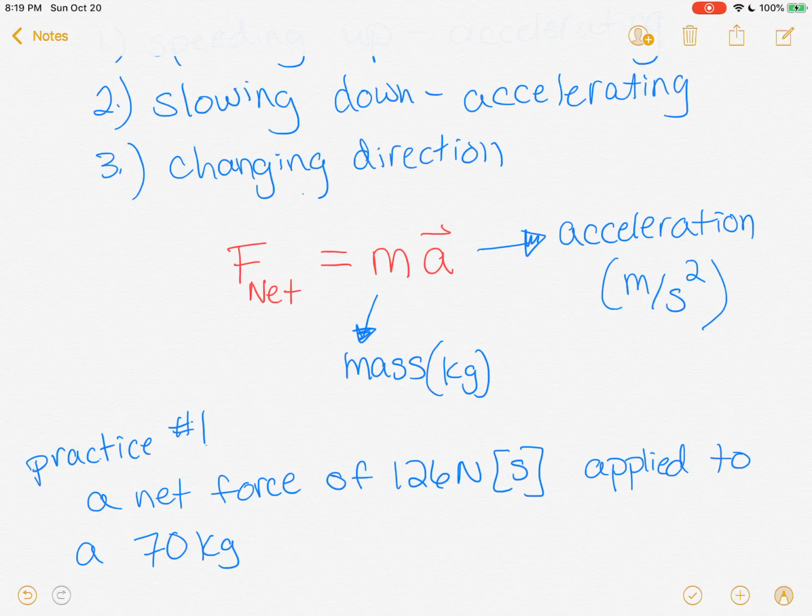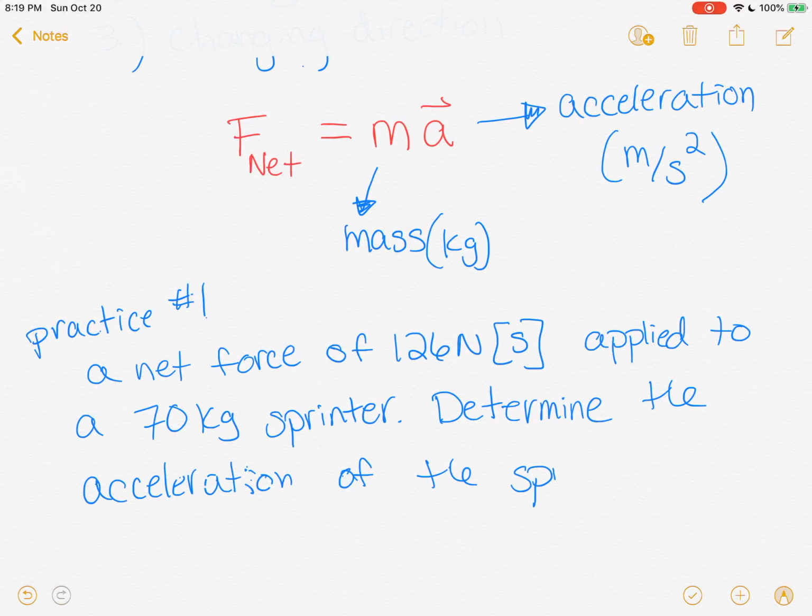Both start with an S. So we're going to determine the acceleration of the sprinter. Or squirrel, if you want this question to be a squirrel.